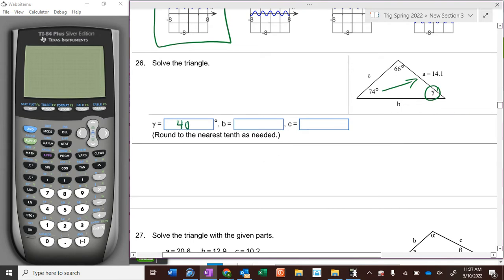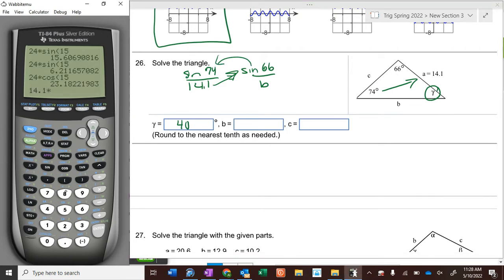And then do you do law of sines? So the sine of your angle, 74 degrees, over its opposite side, 14.1, equals the sine of 66 over its opposite side, b. So you take 14.1 times the sine of 66 divided by the sine of 74.